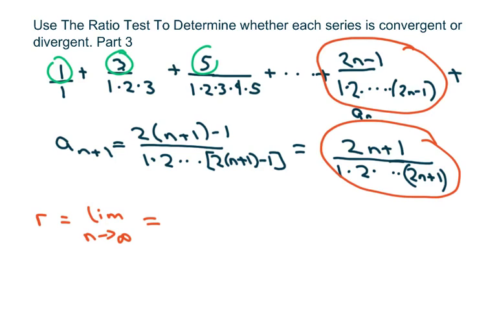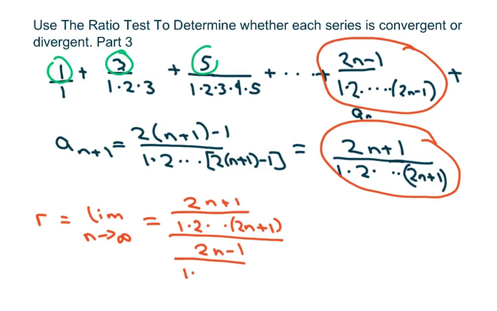So we write this out, and you're going to get 2n plus 1 over 1 times 2 times ... times 2n plus 1, all divided by your other term, 2n minus 1 over 1 times 2 times ... times 2n minus 1.